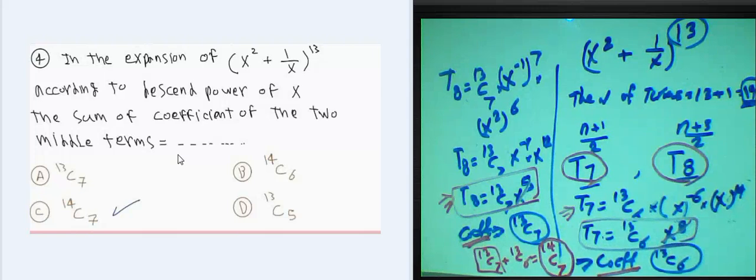Then you write the rule: 13 combination 7 plus 13 combination 6 will be 14 combination 7. We must choose the greatest and add 1 to the number on top, and write the number on the bottom. Then the result will be 13 combination 6 plus 13 combination 7. Choose the greatest and add 1, which gives 14 combination 7, and the result will be letter C.